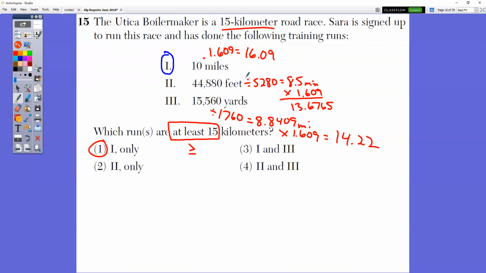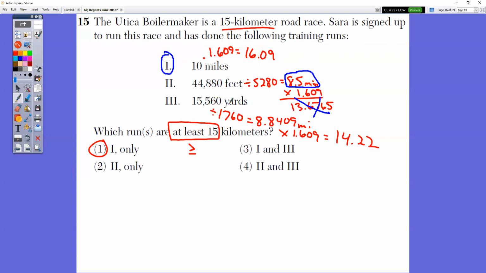When we change the feet into miles, you have to divide by 5,280 first, and you get that it is 8.5 miles. Now we can convert it to kilometers by multiplying by 1.609. We get 13.67. Is that at least 15? No, it's not. That's less than 15.